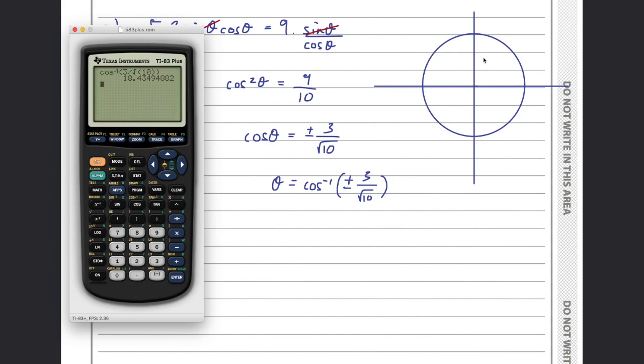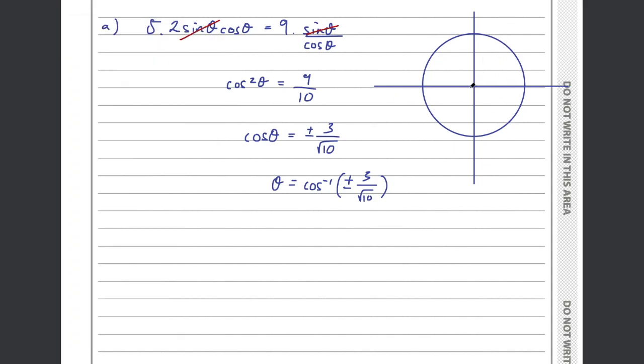So that's the positive value. So cosine of theta is positive in these quadrants. And as I said, this is our reference angle. So this would be 18.43 in here and also down here. Okay, all right, so they are 2 of our answers.